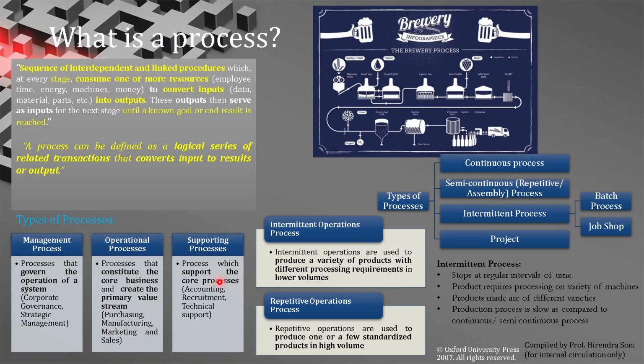Now, the role of the processes which are considered under core processes and support processes also changes depending upon the nature of the business that an organization is involved in. For example, HR functions can be looked at as support processes, but when we talk about an HR consultancy, there it will become a core process.